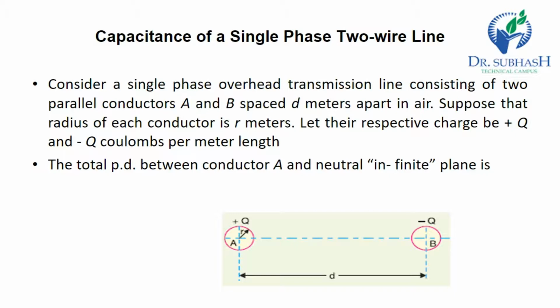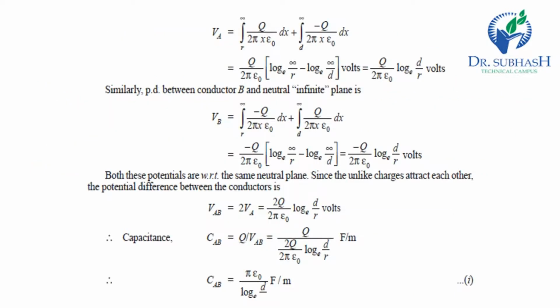conductor A and the neutral infinite plane, is now the value Va, which is equal to the sum for the two conductors, conductor A and conductor B. The charge on conductor A is Q and the charge on conductor B is minus Q. Now the potential difference for conductor A is due to its own charge and due to conductor B's charge.